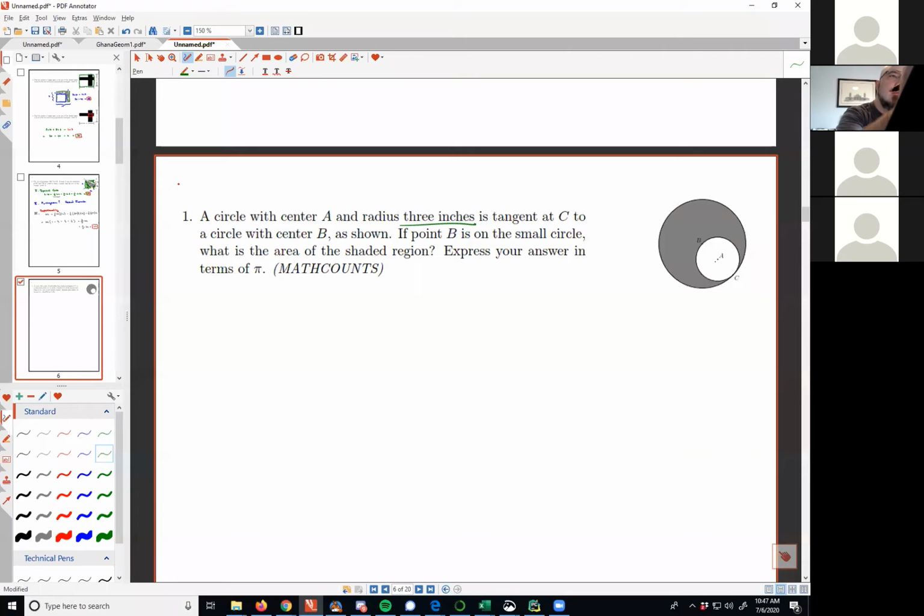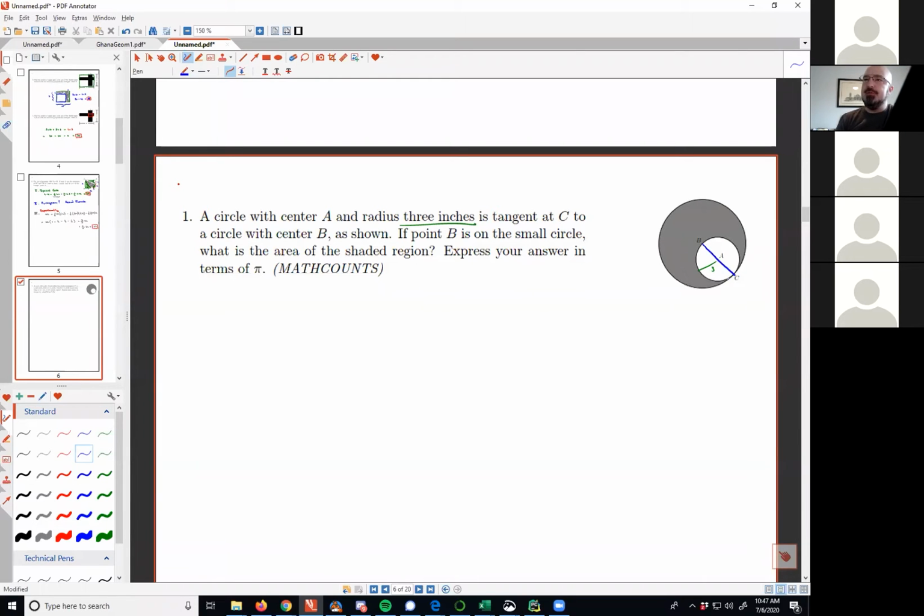Could we start by finding the area of the bigger circle? That seems very reasonable. How do we find that? Well, the diameter of the smaller circle is the radius of the bigger one. I agree.